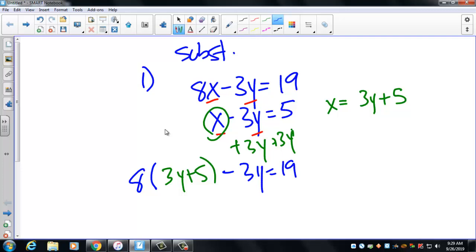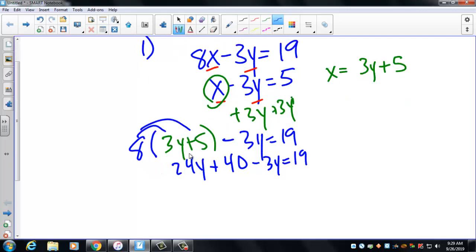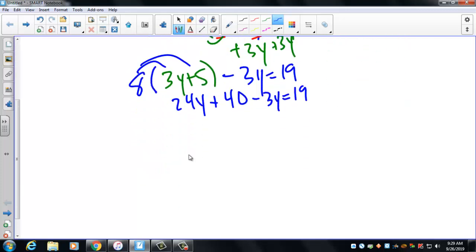So now you got to solve that equation. 24y plus 40 minus 3y equals 19. Combining like terms, 24 minus 3 is 21y. Plus 40 equals 19.